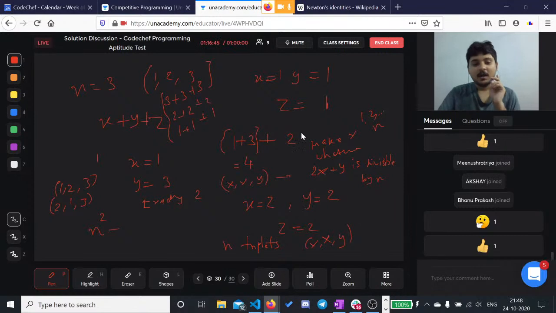Similarly to how we found z in the previous example, we can get n triplets of the form x x y, and we will count this. We would have counted this triplet 3 times: one in the form x x y, one in the form x y x, and one in the form y x x, when we counted these n squared triplets, right? So let me subtract all of them.